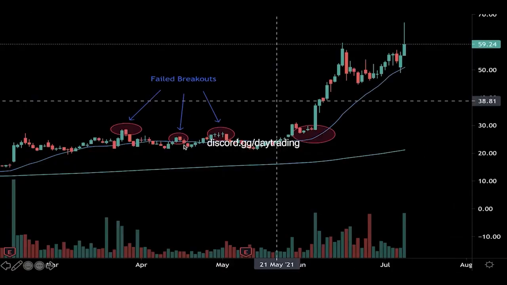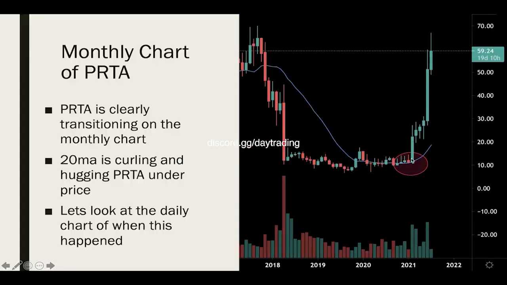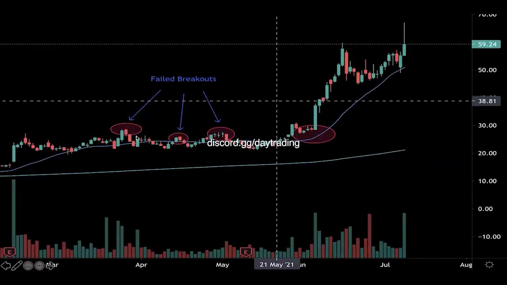But if we go to the daily chart of PRTA, then we see something a lot more interesting, where when the moving average is going through price, it's flat. We don't have any moves, but as soon as it starts to curl higher and under price, that's when we get the transition higher.